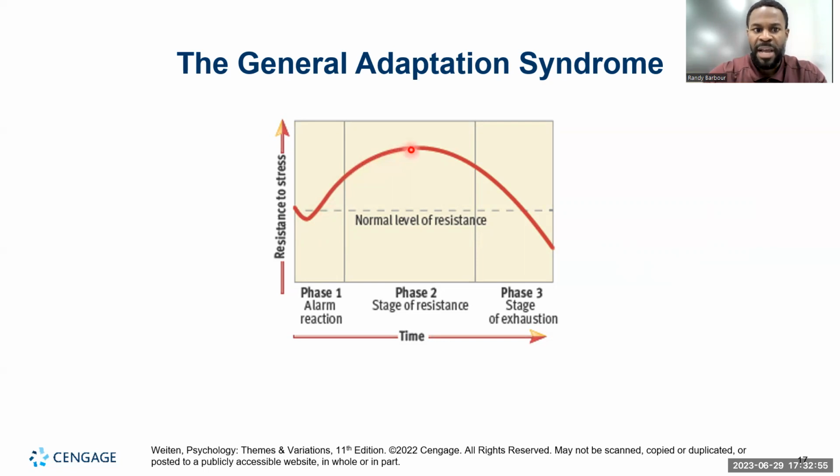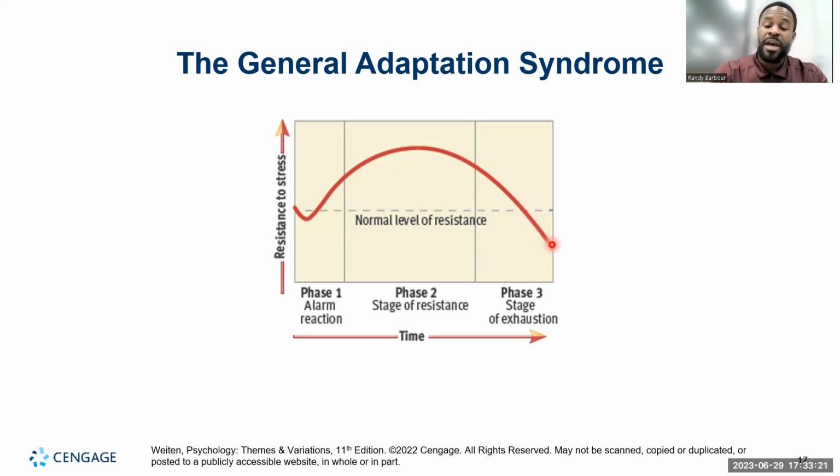And then if the time continues to go along and we're unable to overcome that stress, then we become depleted. Our physiological processes, the things that are happening in our body, begin to wane, right? And then we get time here, and if we're unable to overcome that stress, then we are unable to resist the stress, and then it hurts us.